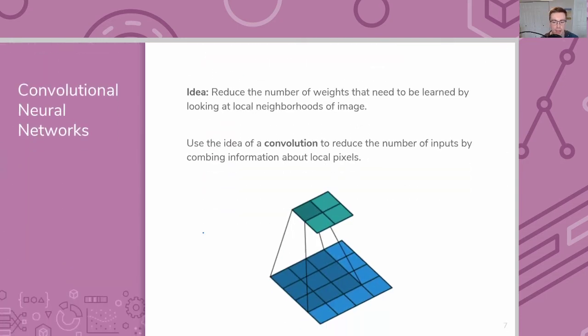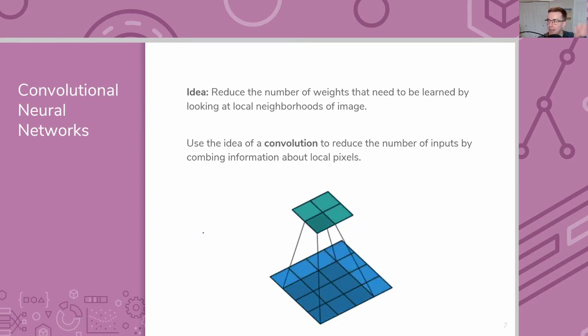And so this enters the idea of a convolutional neural network. The idea is instead of having your hidden layer fully connected to the inputs, you learn weights in a very local manner. You really focus on each area at a time. So what we'll do is we'll use this thing called a convolution to reduce the number of inputs by combining information in nearby pixels to one value.